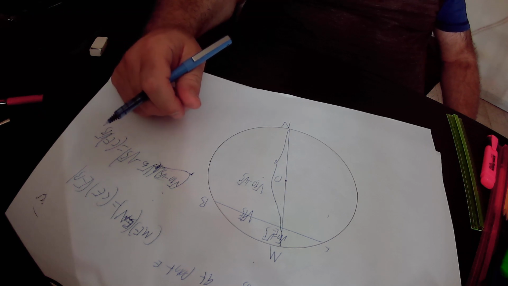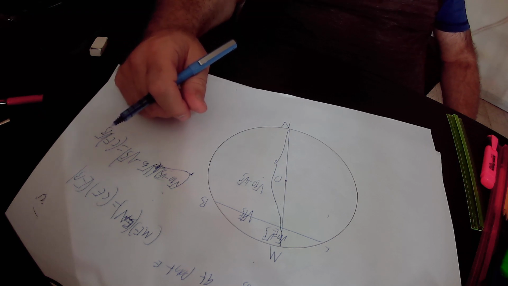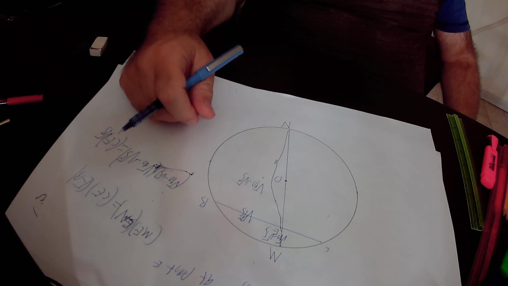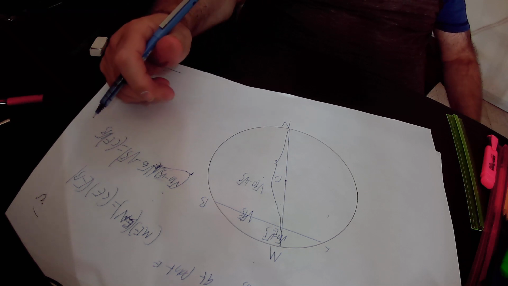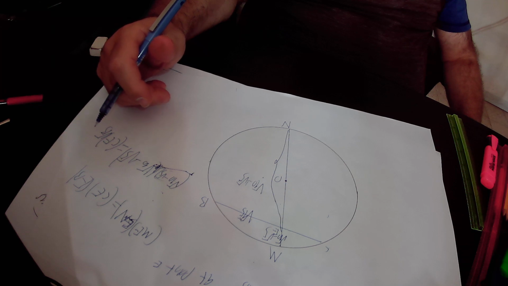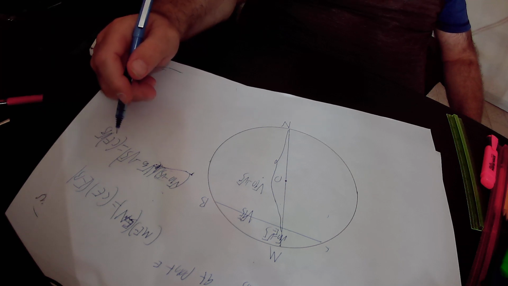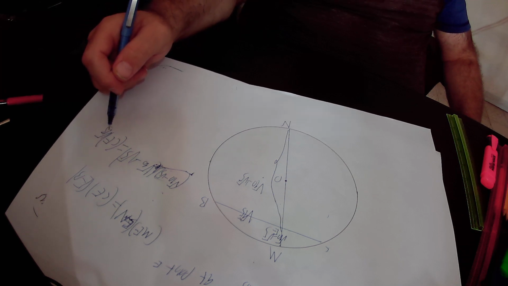In conclusion, we found out that the square root of 10 minus the square root of 5 times the square root of 10 plus the square root of 5 equals CE times the square root of 15.